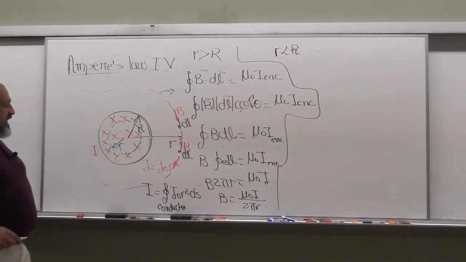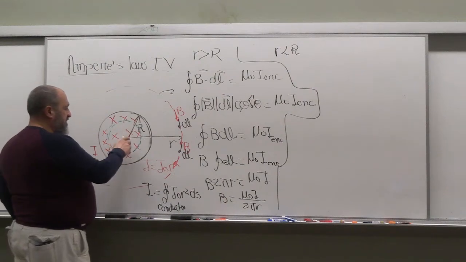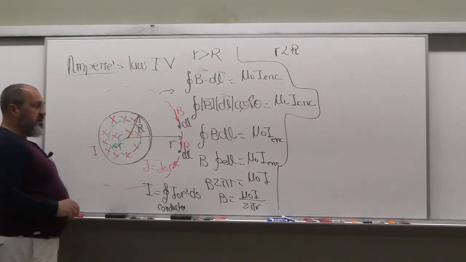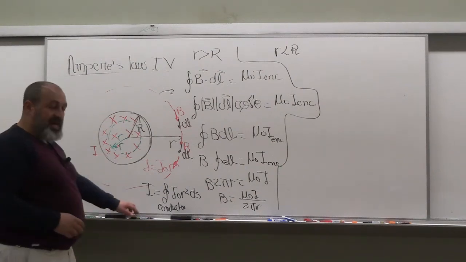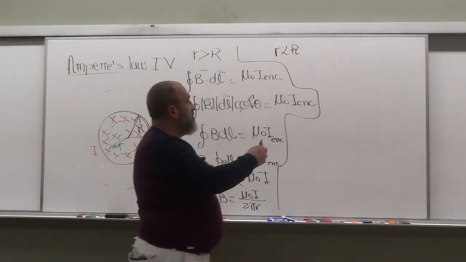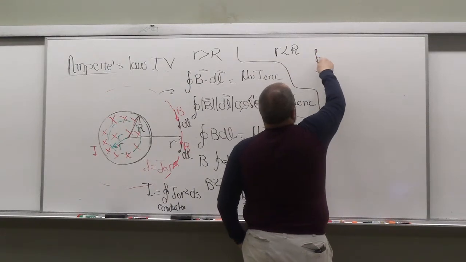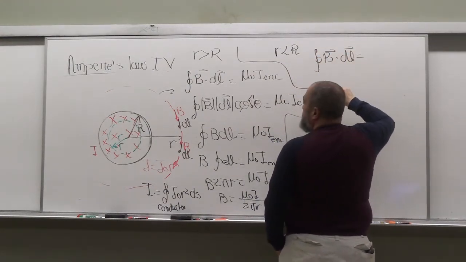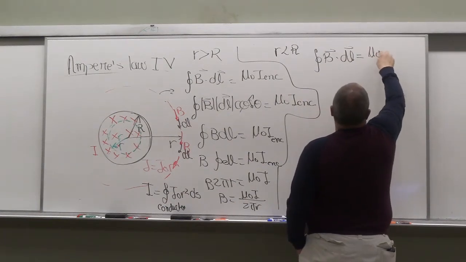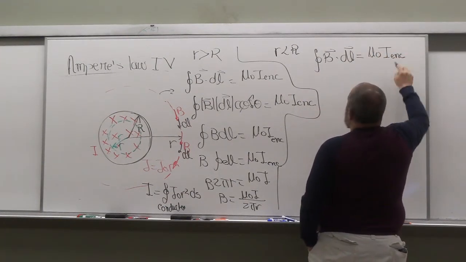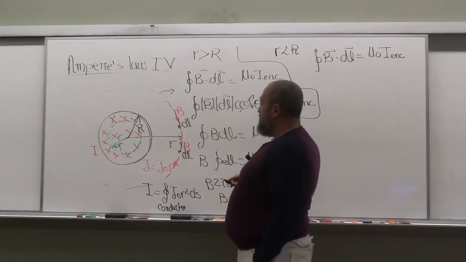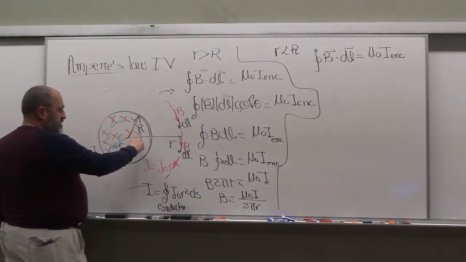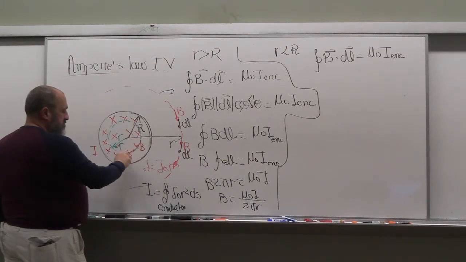So now, little r is the radius of the Amperian loop, and that is inside the conductor. So now we want to apply Ampere's law here. We say the integral of B dot dl around the Amperian loop is equal to mu naught I enclosed in the Amperian loop, right? So again, we picked an Amperian loop whereby the field will point this way, okay?